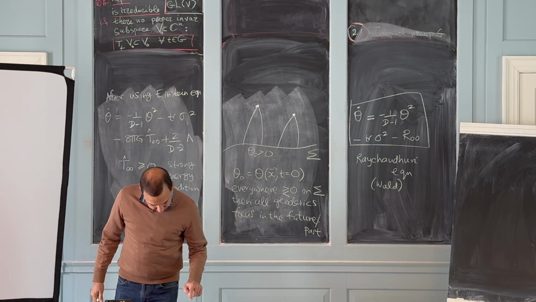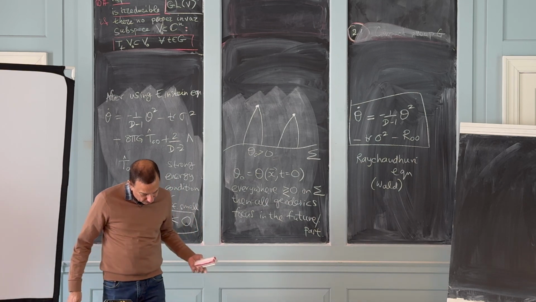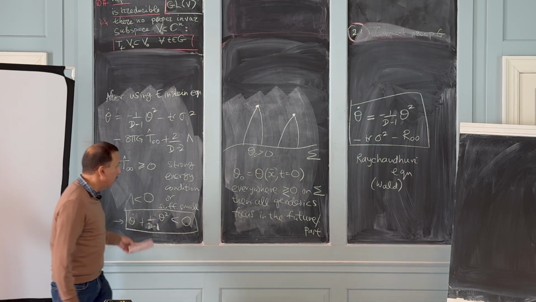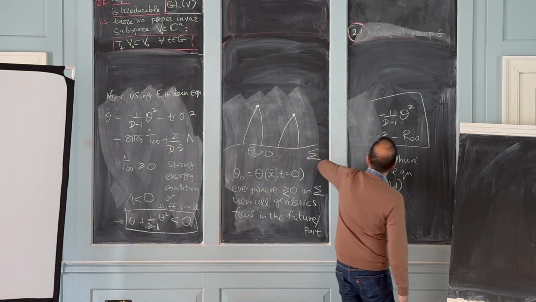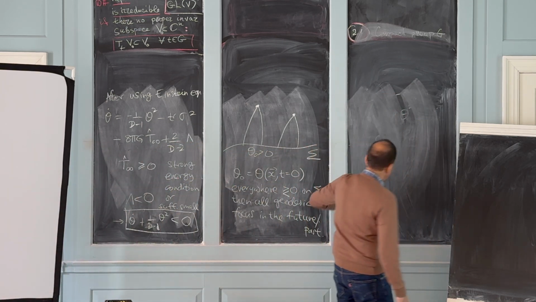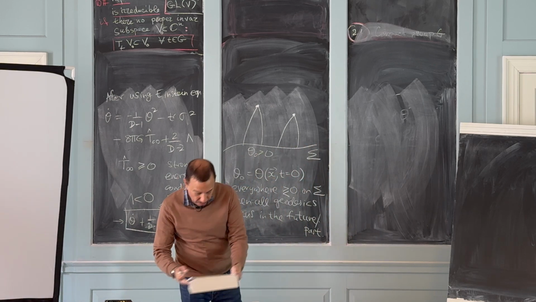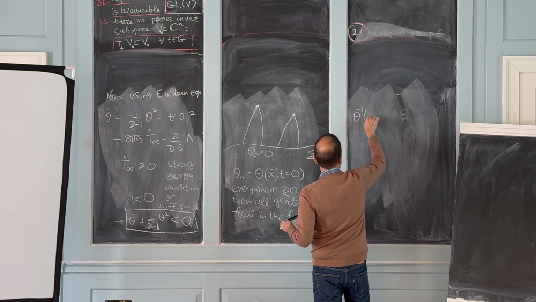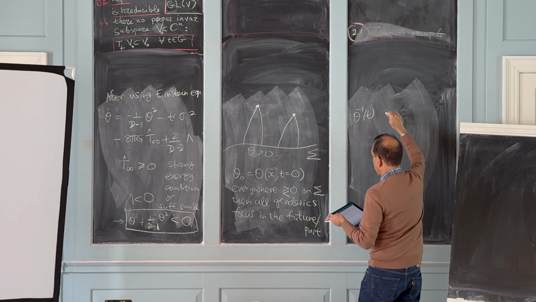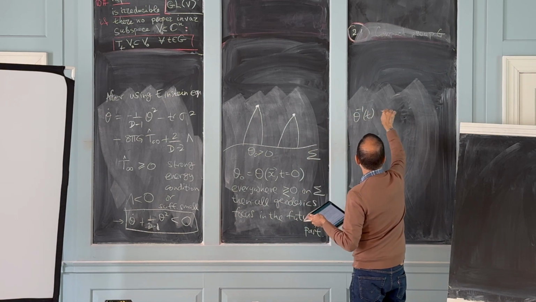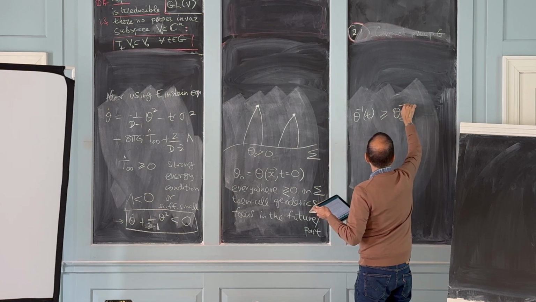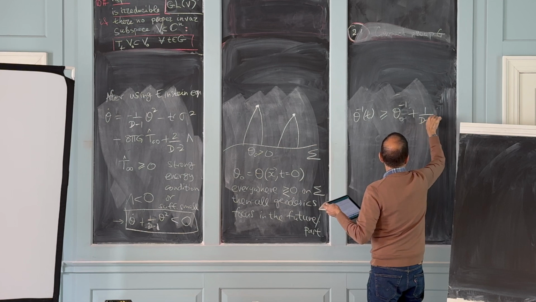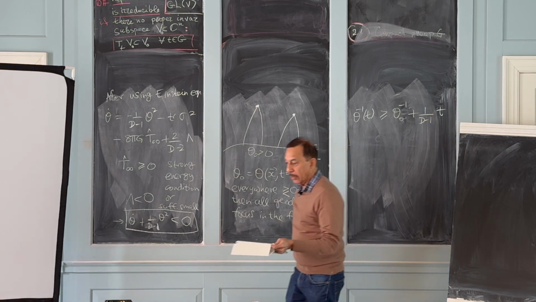Okay. So let's see how we integrate this equation. From this equation, and this was the last thing I wrote last time, the easiest way to write it is theta inverse, that's 1 upon theta as a function of time, is greater than or equal to the initial theta inverse plus 1 over d minus 1 into t.